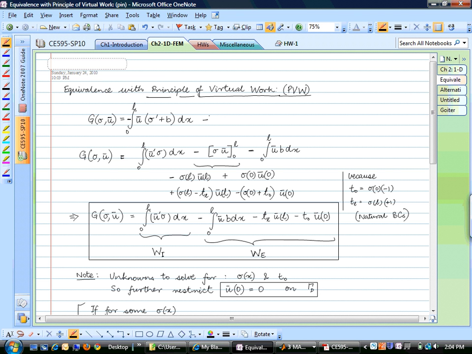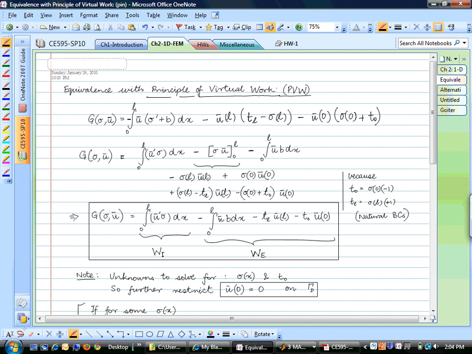So if we write out minus u bar at L times TL minus sigma L, and minus u bar at 0 times sigma 0 plus T0.